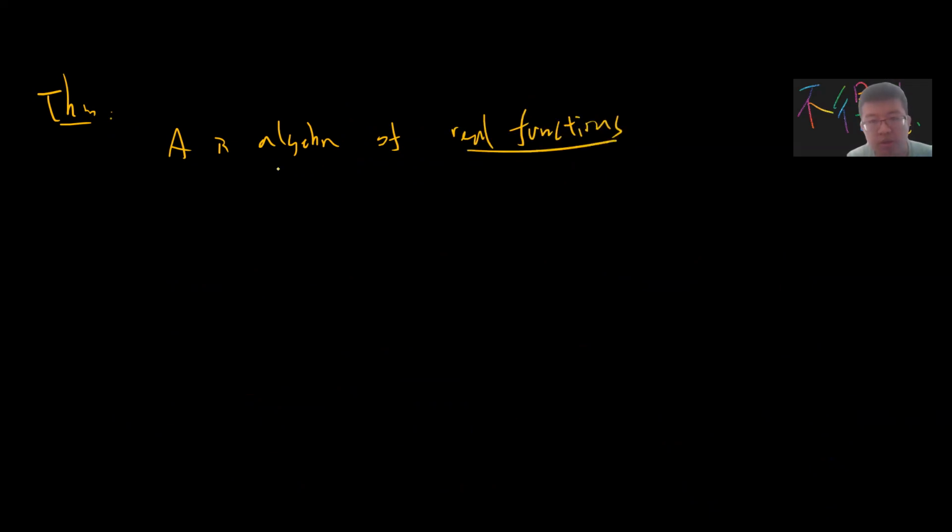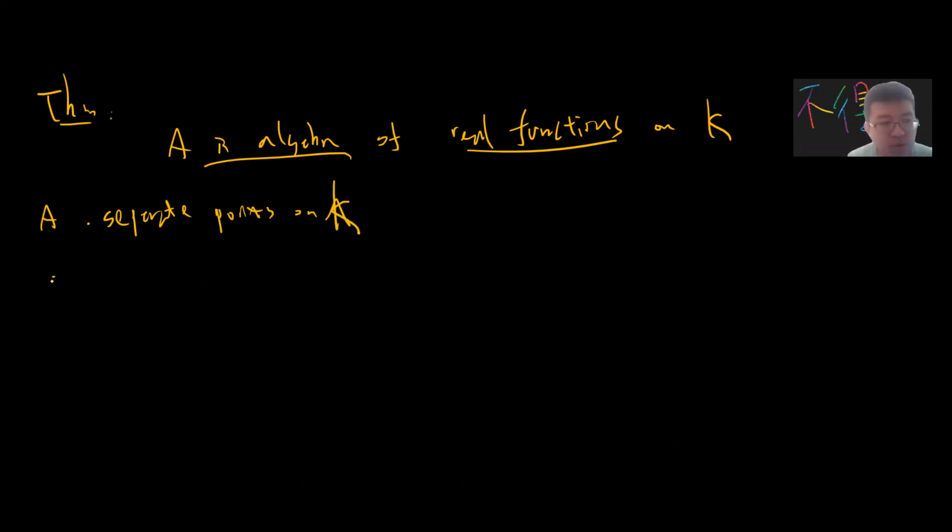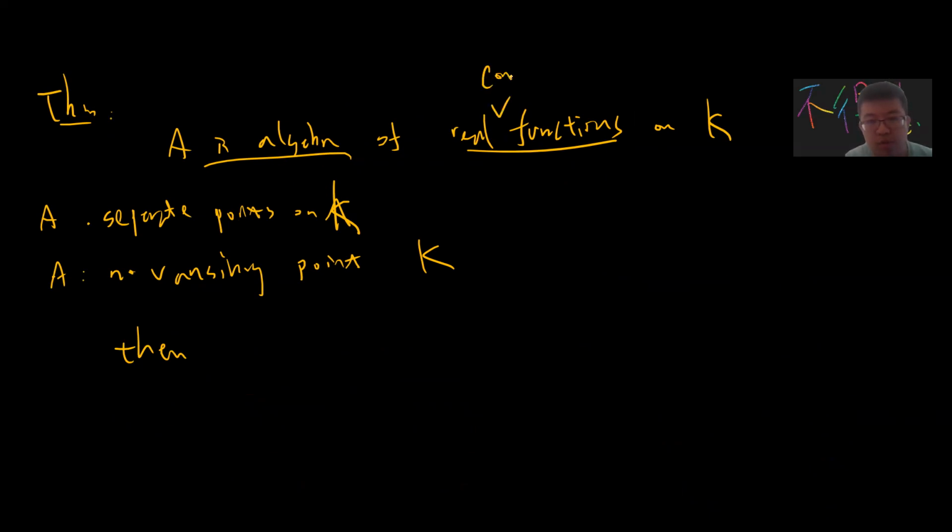The standard example is polynomials on a compact set K, where K is compact, and A separates points on K and vanishes at no point of K.